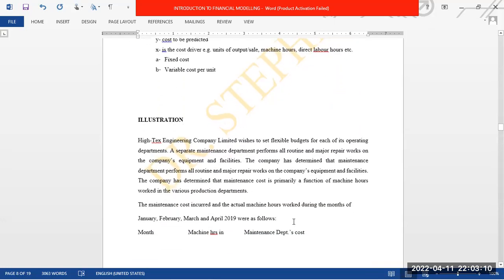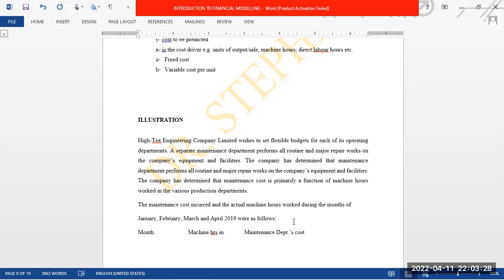For illustration, iTex Engineering Company Limited wishes to set a flexible budget for each of its operating departments. A separate maintenance department performs all routine and major repair works on the company's equipment and facilities.